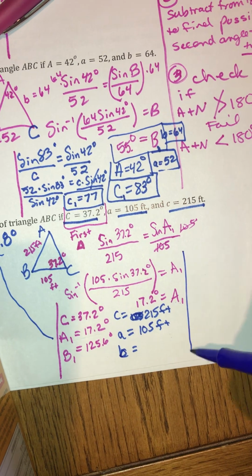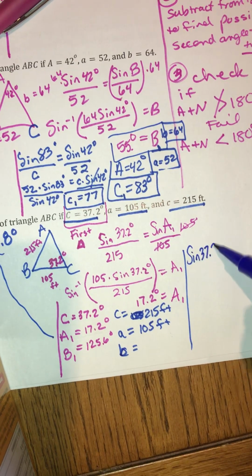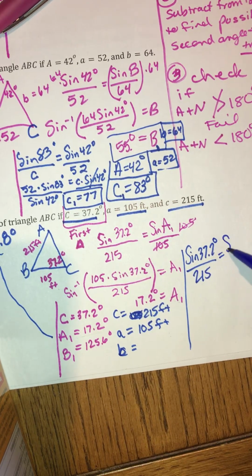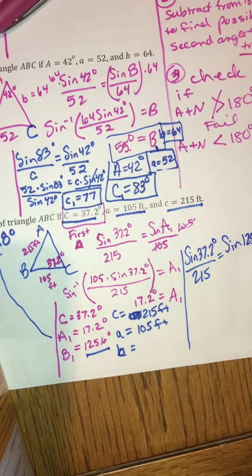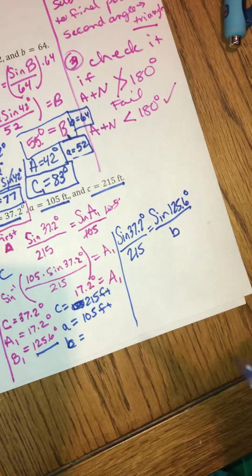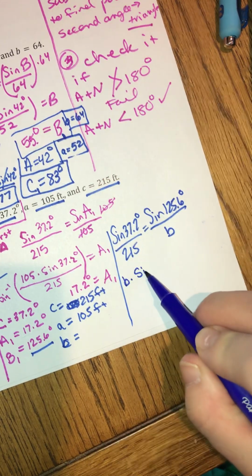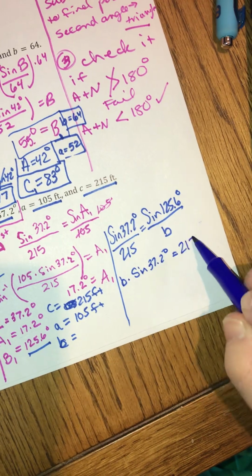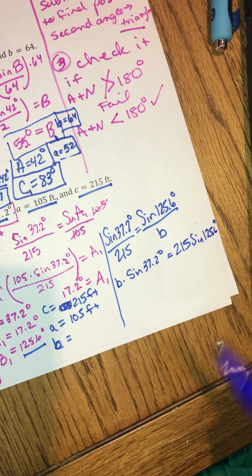Well, I'll just come over here and do the same thing I did up here. Sine of 37.2 degrees over 215 will equal the sine of, I know what my angle B is, it's 125.6, over side B, which is unknown. All right, again, we multiply B times the sine of 37.2 degrees, 215 times the sine of 125.6 degrees.